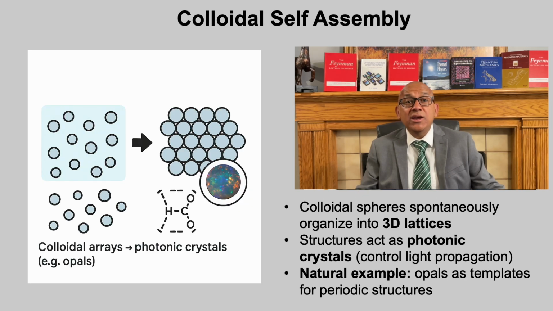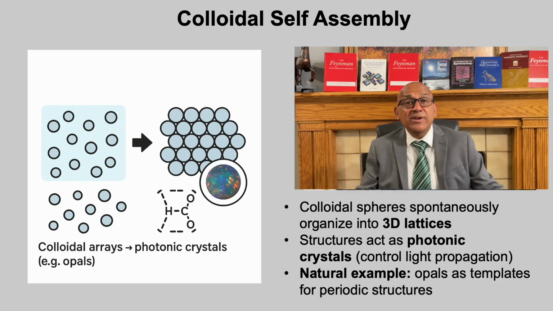Colloidal self-assembly is one of the most striking demonstrations of bottom-up nanofabrication. Spherical colloidal particles suspended in a solution can spontaneously organize into ordered three-dimensional lattices. These periodic arrays, known as photonic crystals, have the ability to manipulate light much like semiconductors manipulate electrons.